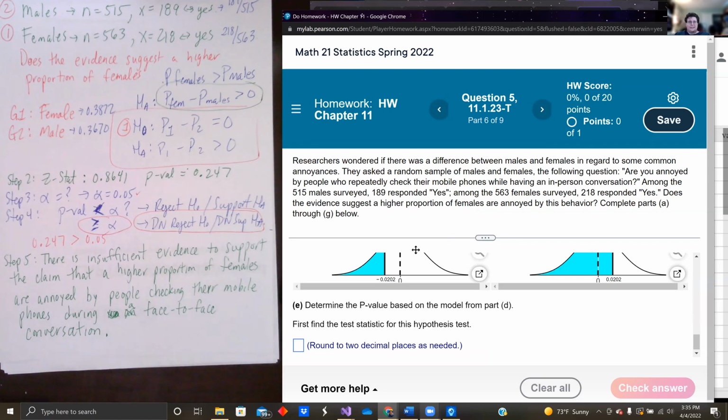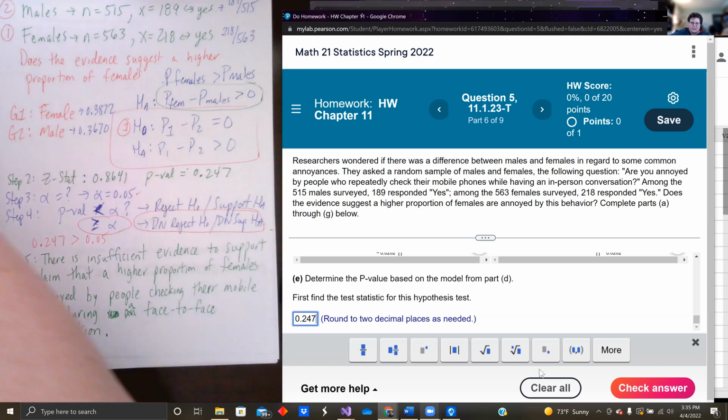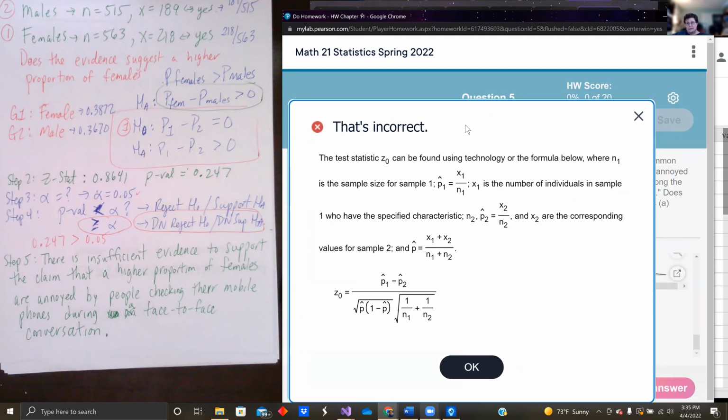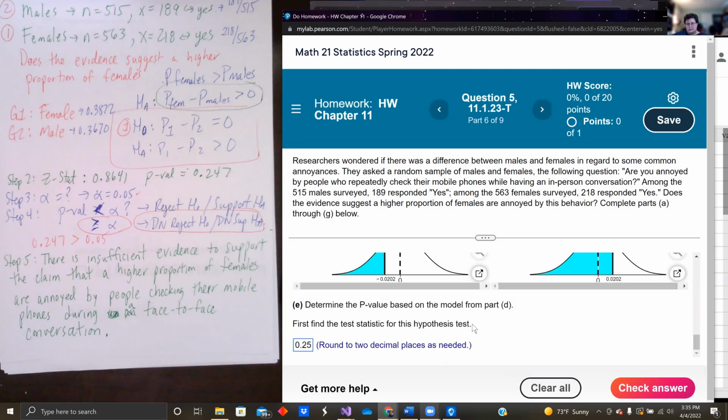Determine the p-value. We did that already. I'm not redoing that. We got 0.247. Round to 2 decimal places. Quit changing the number. Oh, first find the test statistic.